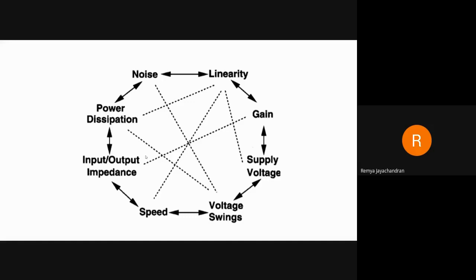We have to reduce the area, but then it will affect the linearity or gain of the circuit. So there is a trade-off among these elements, and according to our specification or requirement, we have to select the design procedure.